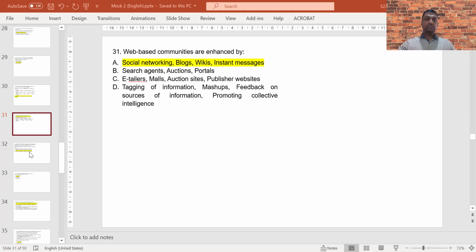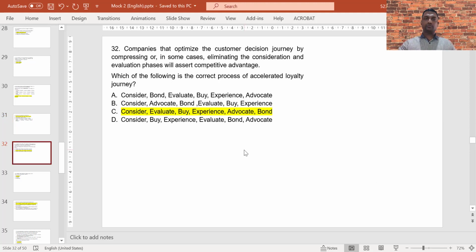Let's move on to question number 32. Companies that optimize the customer decision journey by compressing, or in some cases eliminating, the consideration and evaluation phases will assert competitive advantage. Which of the following is the correct process of accelerated loyalty journey?